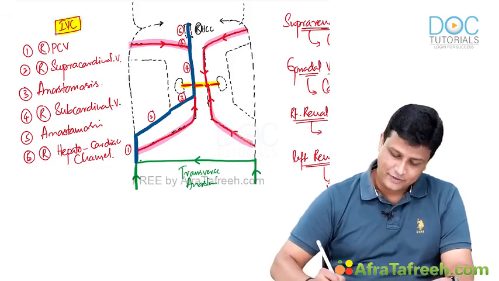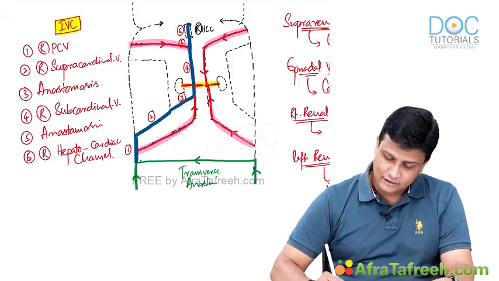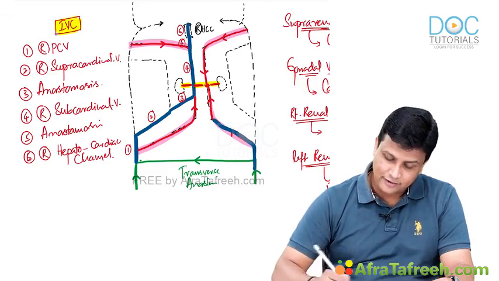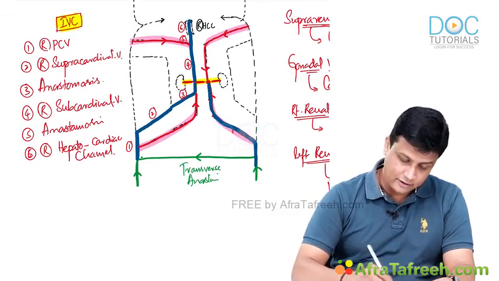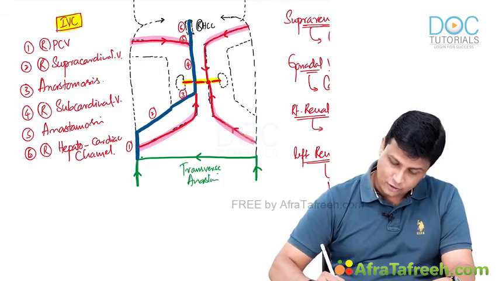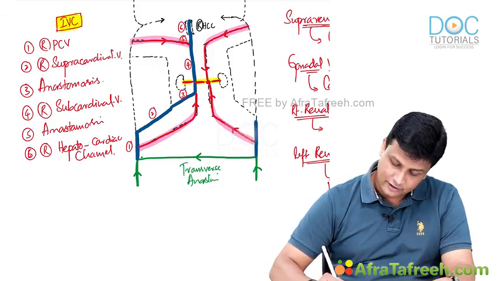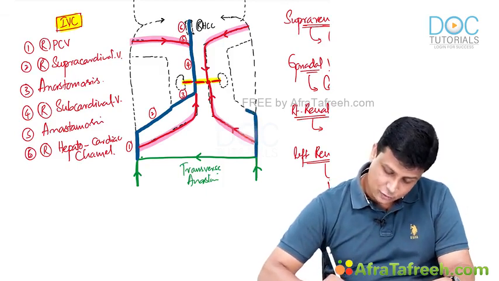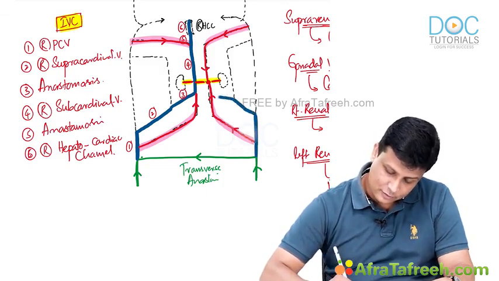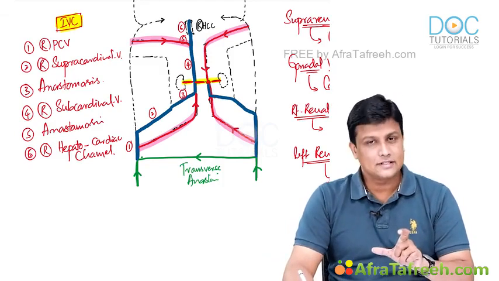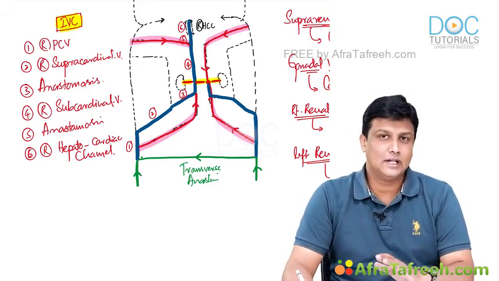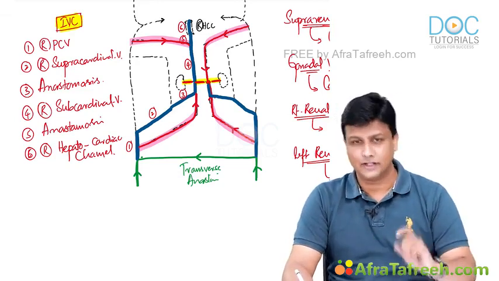Persistence of the left posterior cardinal vein, and then the left supracardinal vein, and not only that, even the anastomosis here, and the subcardinal here. If those veins persist, it will lead to the formation of double inferior vena cava.